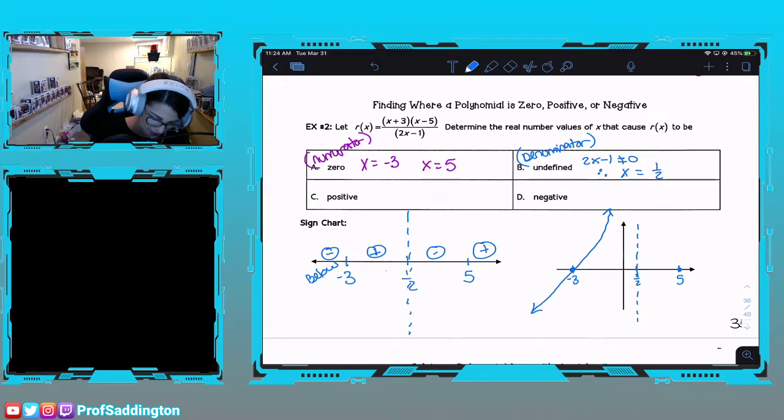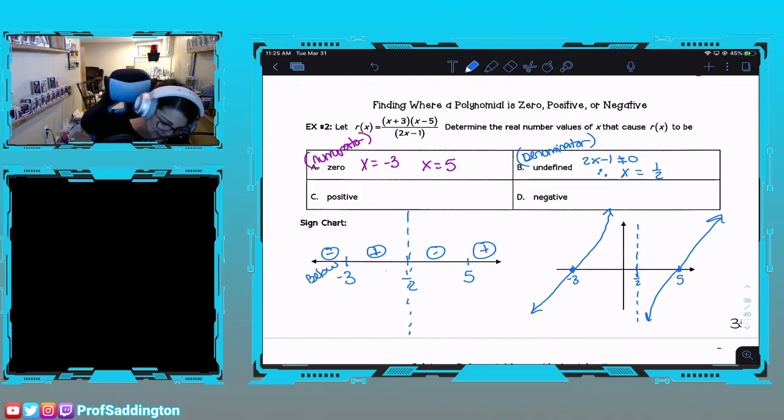And then, let's see, we were below between 1/2 and 5, and then we went positive. Oops. So maybe it's something like that. So for me, you can use the table to determine your positive and negative intervals, but sometimes it's easier to look at a picture.